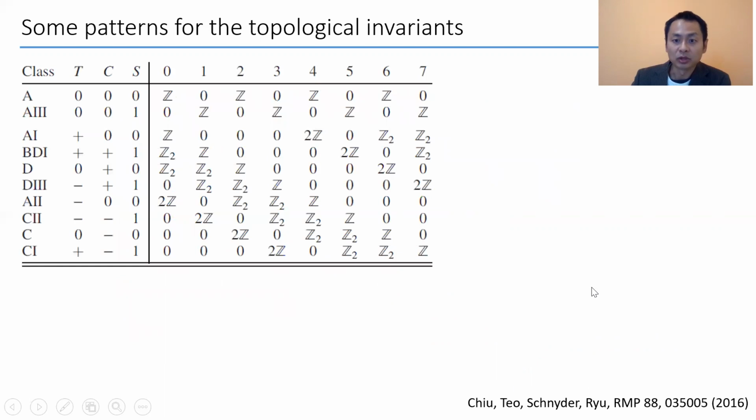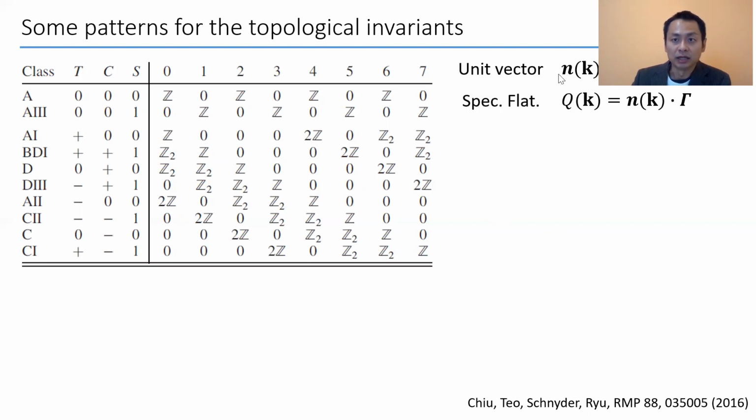Now, it has been known, as you can check in these very nice review papers, that if you define a unit vector, which is simply the D vector that characterizes the Dirac Hamiltonian, divided by its modulus, and therefore is a unit vector, and construct a so-called spectrum flattened Hamiltonian, because it looks just like your ordinary Dirac Hamiltonian, except it's divided by its modulus.